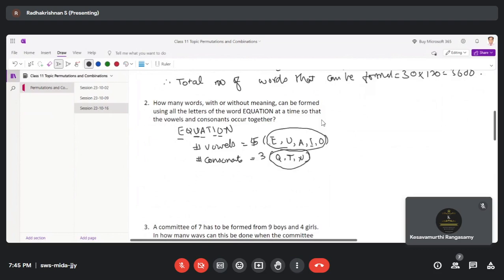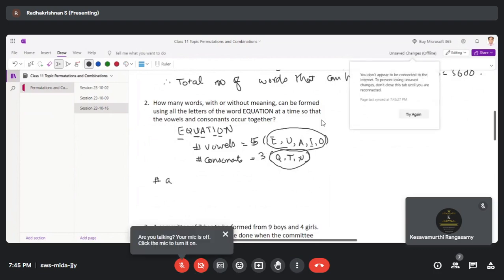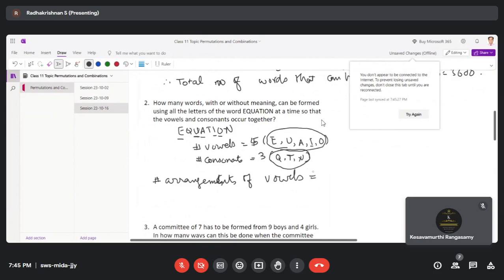So the vowels group can be shuffled in how many ways? Since there are 5 vowels, they can be arranged in 5 factorial ways.